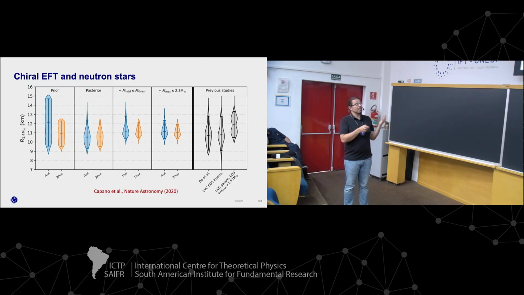Because if you only used chiral EFT up to twice saturation density, you would get the same posterior as if you used it up to 1 times saturation density and folded in gravitational waves, right? They look very similar. The change in the posterior from this one to this one is very small.